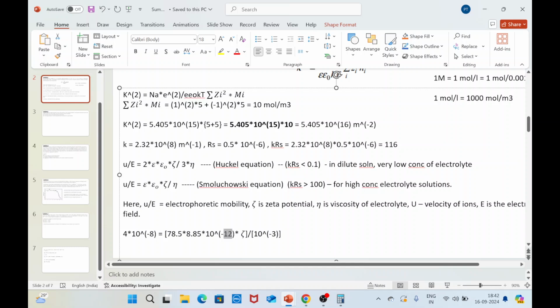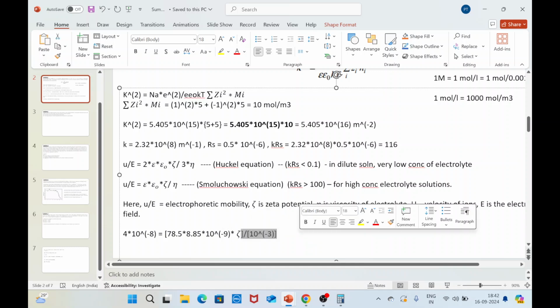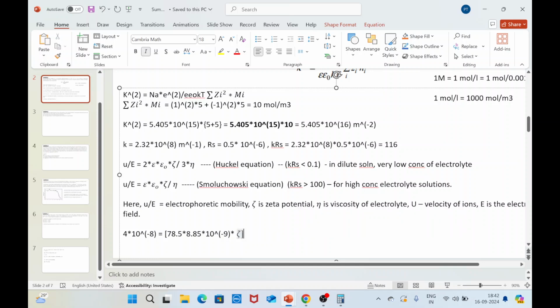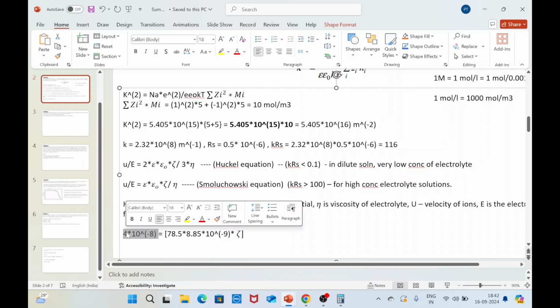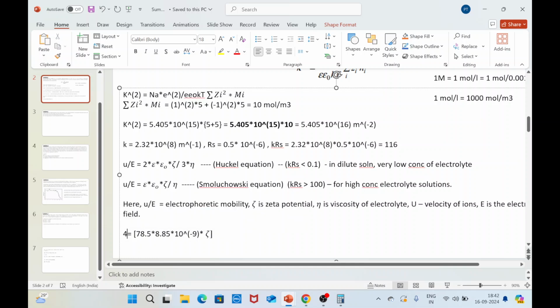If you cancel out, it will be 10 power minus 9. So you have 10 power minus 9 here, 10 power minus 8 here. So I can replace this as 4 and here I can make it as 10 power minus 1.